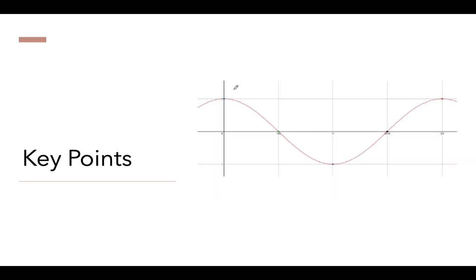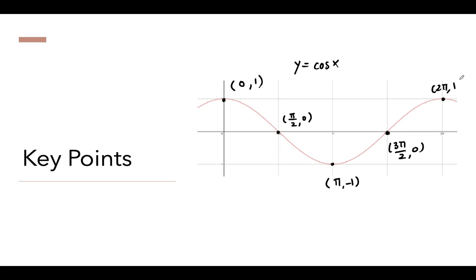Again, just a reminder: y is equal to cos x. So in this case, I could write (0, 1), (pi over 2, 0), (pi, -1), (3 pi over 2, 0), and (2 pi, 1).